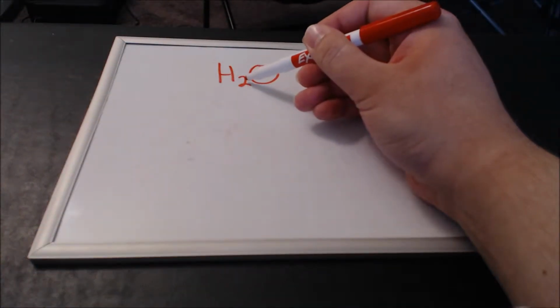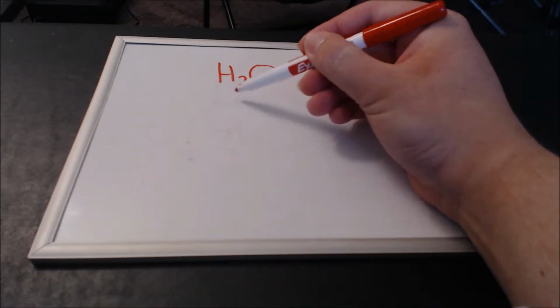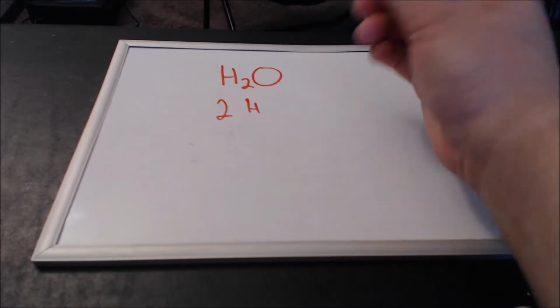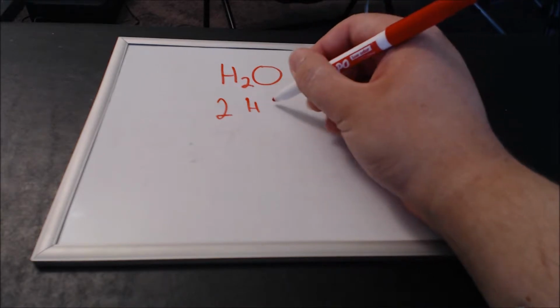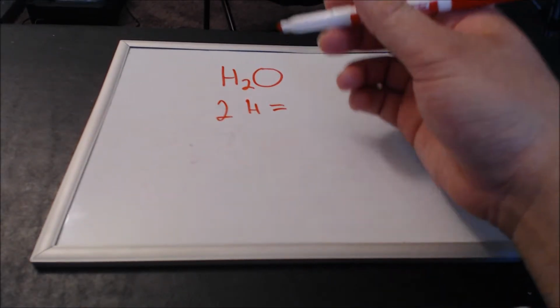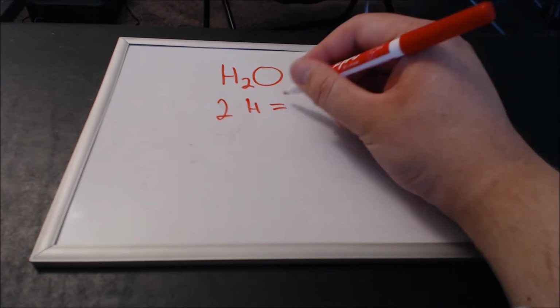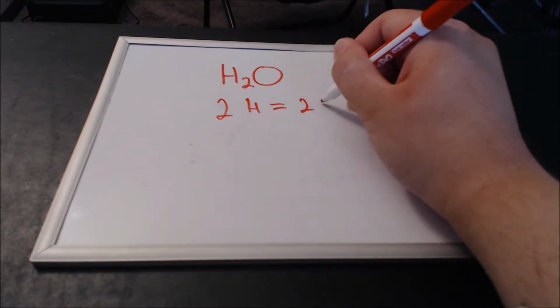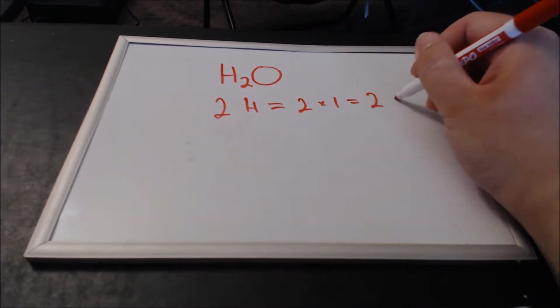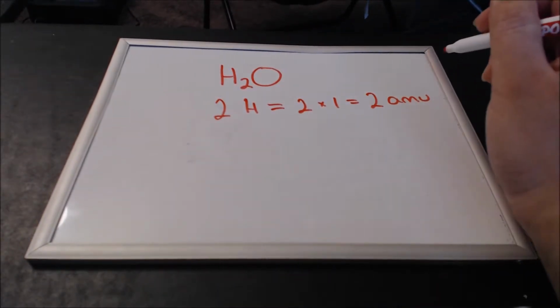So this 2, remember, only belongs to H, not to the oxygen. So we have 2 H's, and each H equals 1 atomic mass unit. So we're going to say 2 hydrogens equals 2 times 1, which equals 2 AMU.